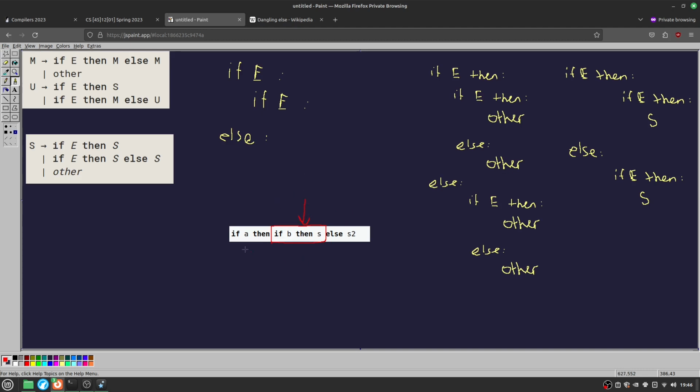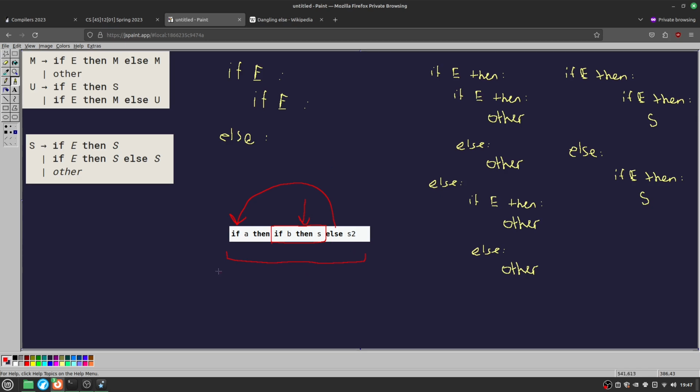However, in the context of the entire thing, the else wants to close this if, because it's the closest if. However, it should be closing this if. That makes sense.